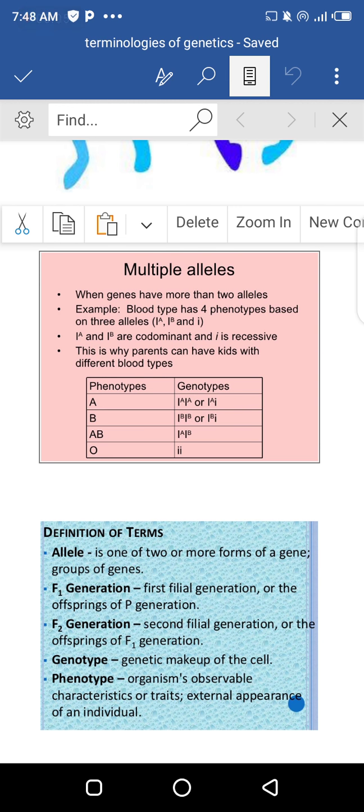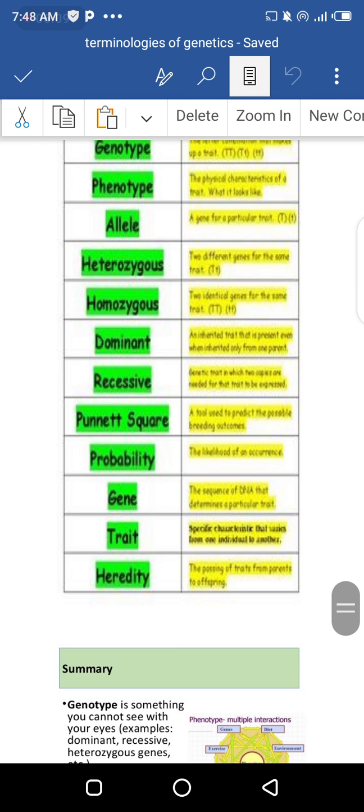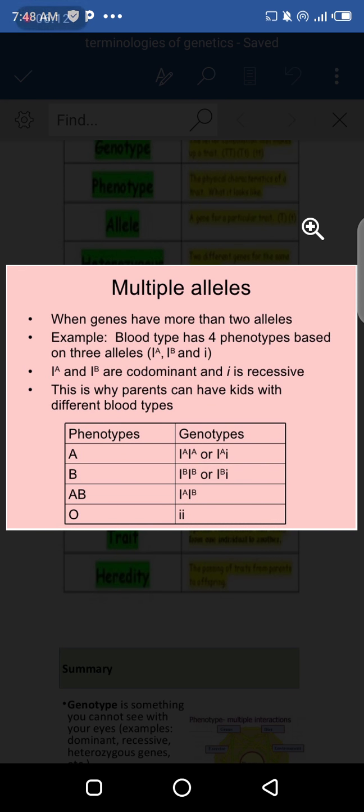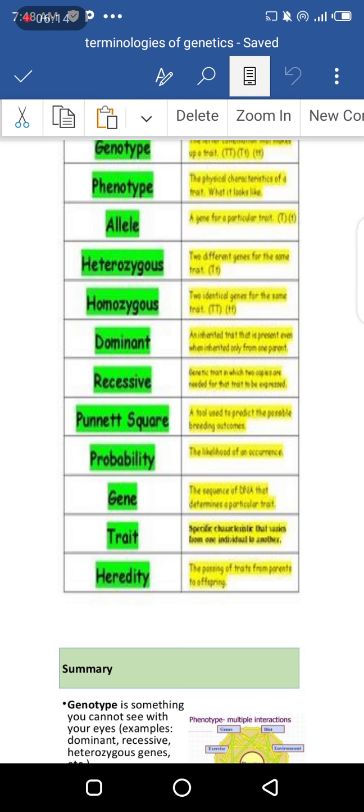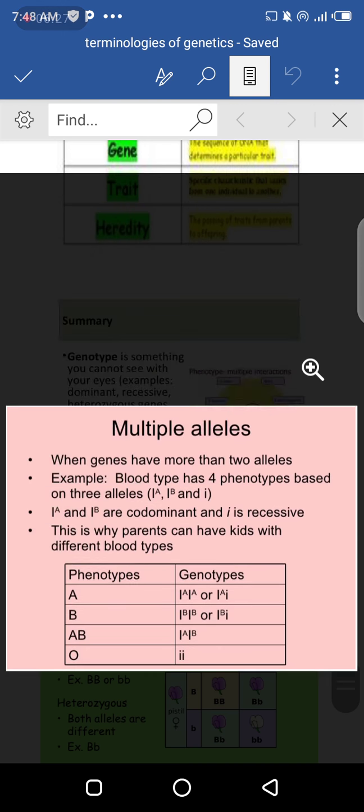And these are the definitions of genotype, phenotype, allele, heterozygous, homozygous, dominant, recessive, Punnett square, probability, gene, trait, and hereditary.